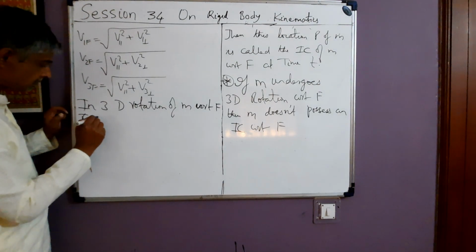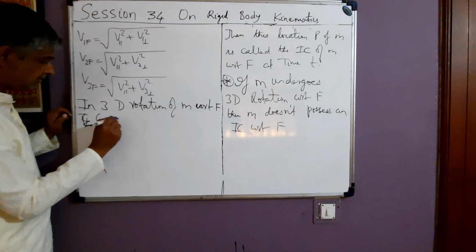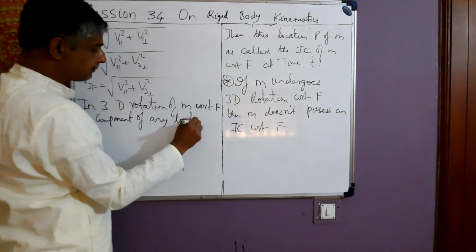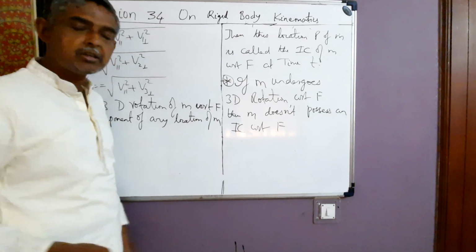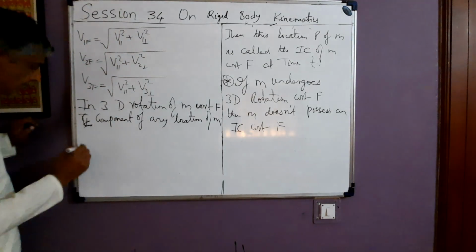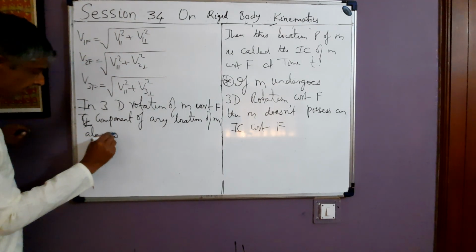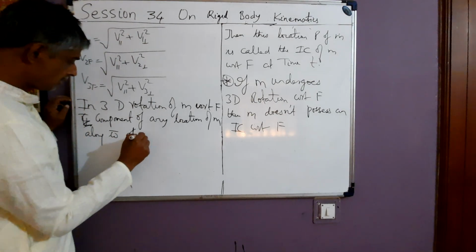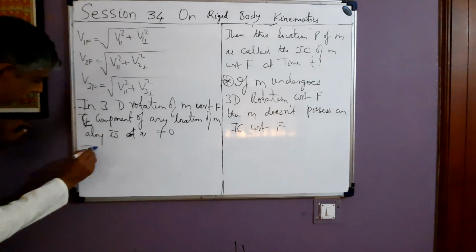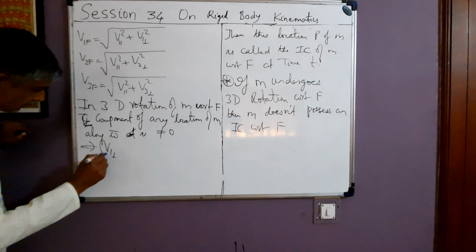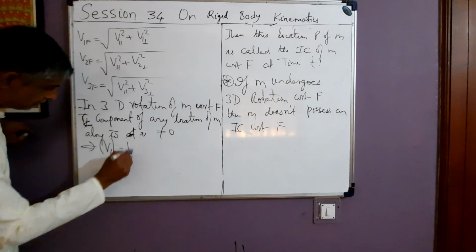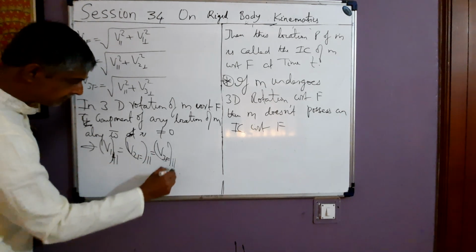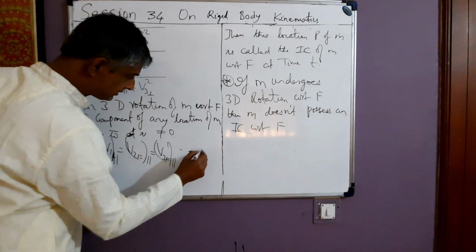That is, the component of velocity of any location of M, meaning real or imaginary location of M, along omega, where omega is the angular velocity of M with respect to F, is non-zero. That is, V1F parallel is equal to V2F parallel is equal to V3F parallel, that is equal to non-zero.